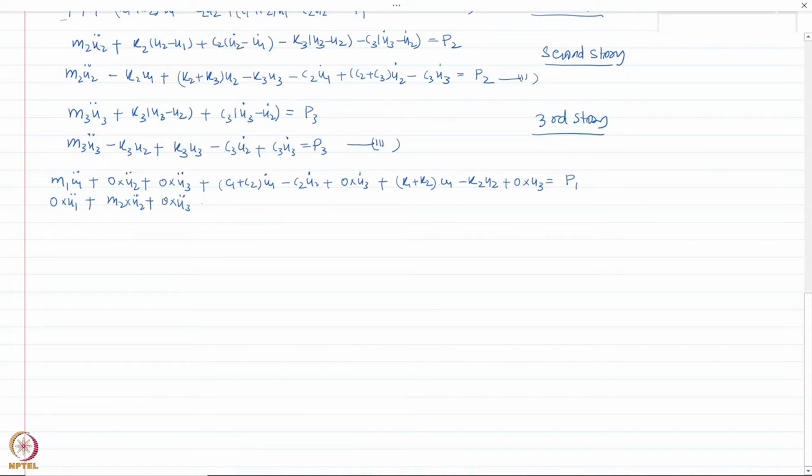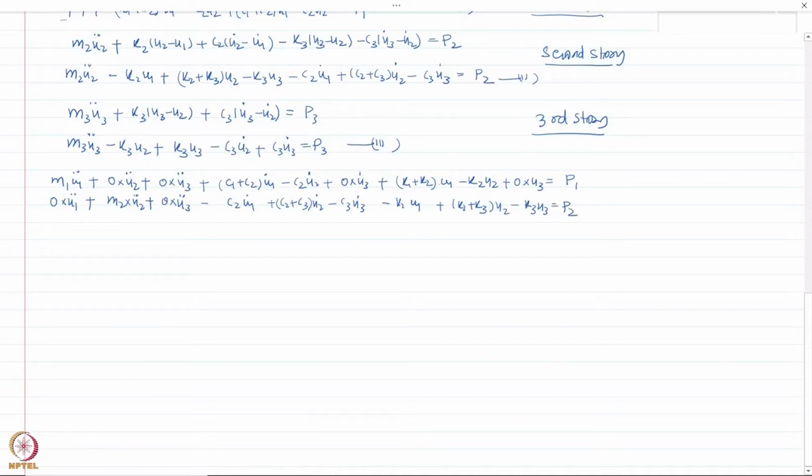So let me do that: minus C2 times u1 dot plus C2 plus C3 times u2 dot, and then minus C3 times u3 dot. And then I can write down the stiffness terms, which are minus K2 times u1 plus K2 plus K3 times u2 minus K3 times u3, and this is equal to P2.